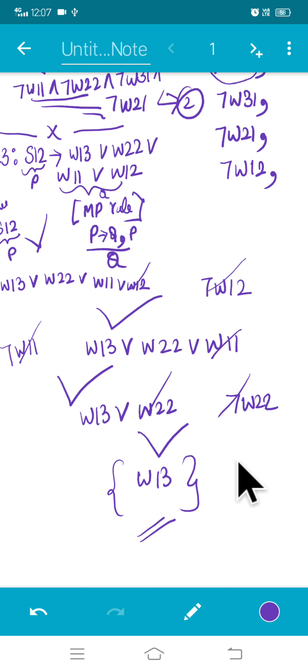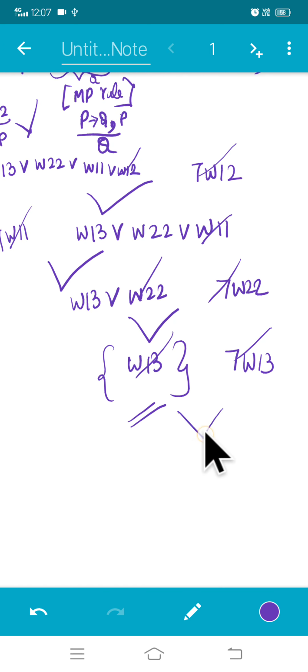Or else, normally while solving propositional logic, we will take the negated goal W13, which we will compare and cancel, and it will take us to null.